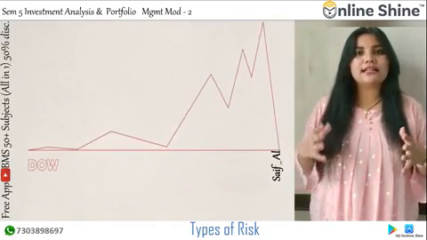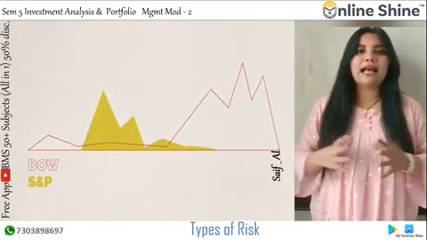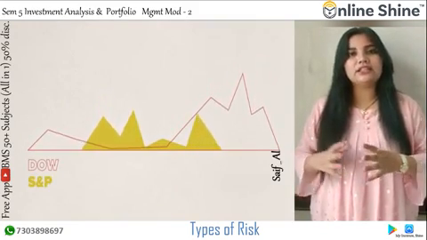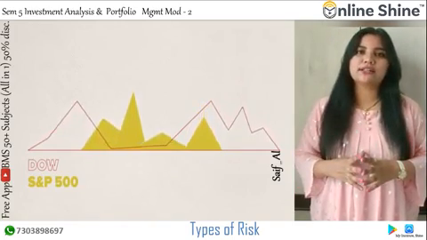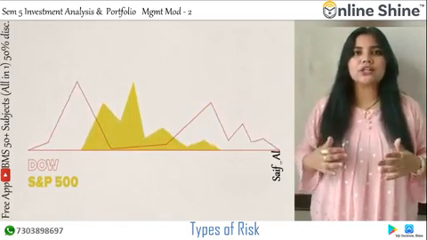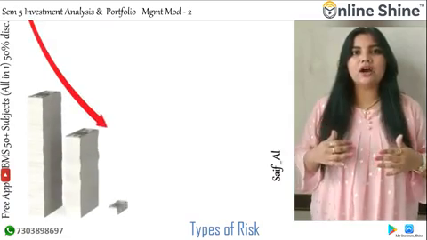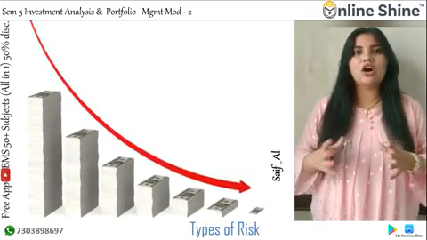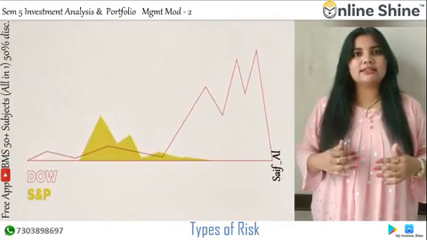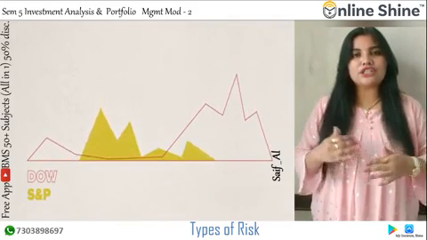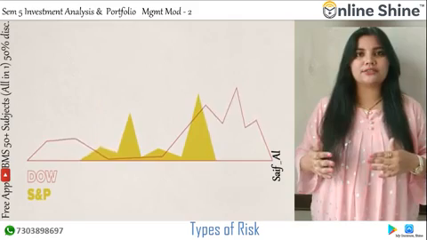Next is political and regulatory risk, the impact of political decisions and changes in regulation. Next is financial risk, the capital structure of a company, degree of financial leverage or debt burden. Interest rate risk, the impact of changing interest rates.